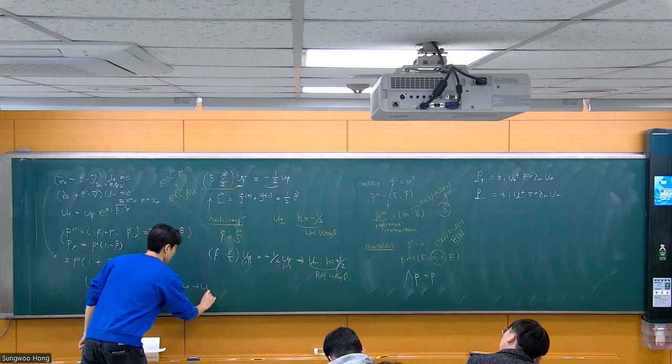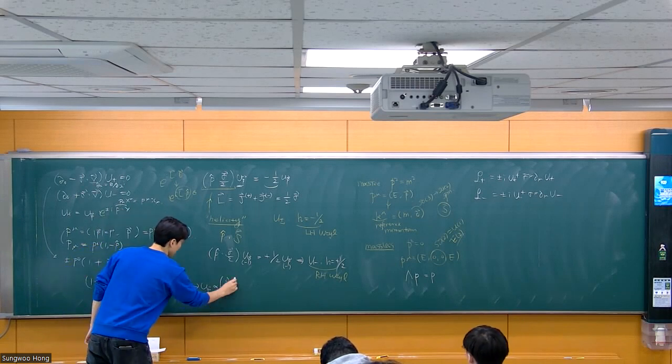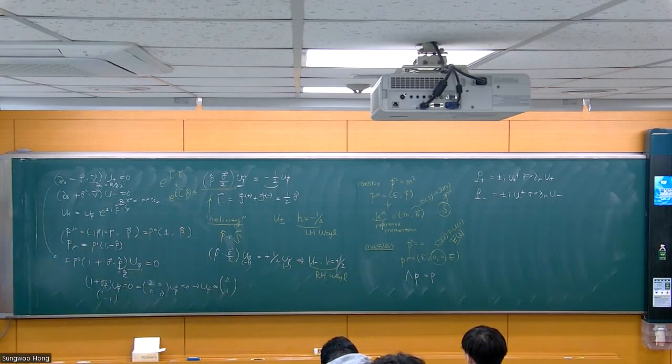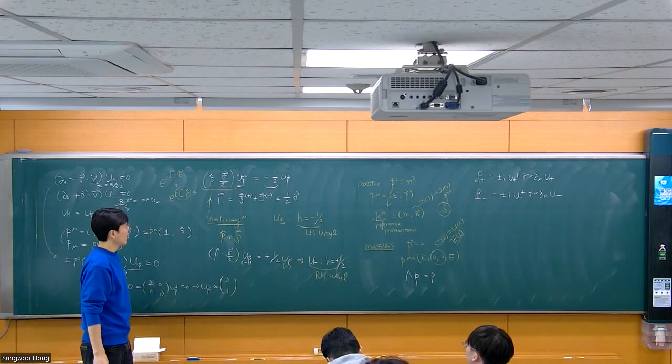One solution obviously can be something that has 0 in here and then 1 downstairs. That's, for instance, U plus.